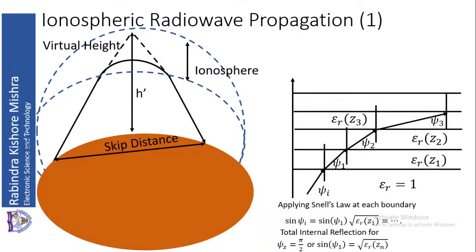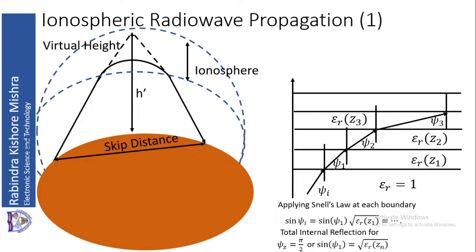At the boundary of the ionosphere, as you go up from the surface of the earth, what is the angle of incidence? If we choose these two quantities correctly, the frequency and angle of incidence, then this wave will curve back.